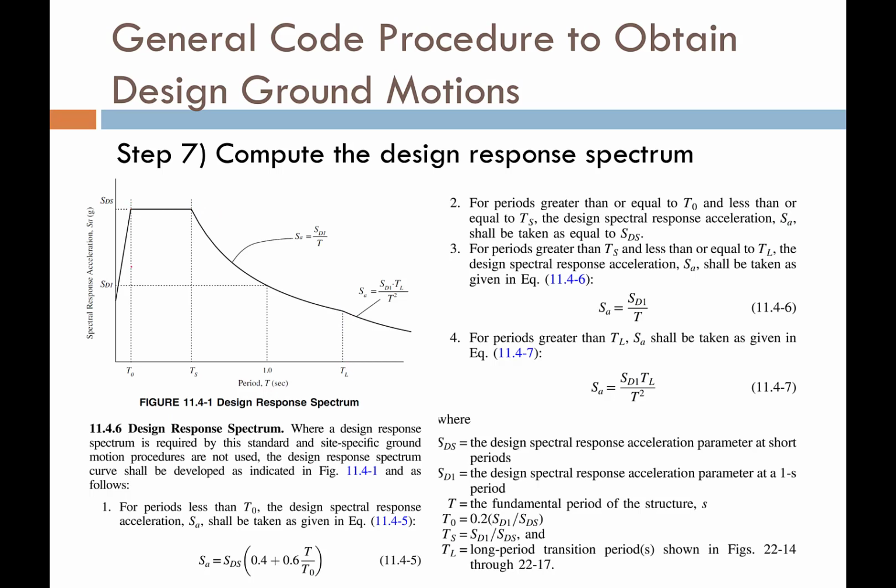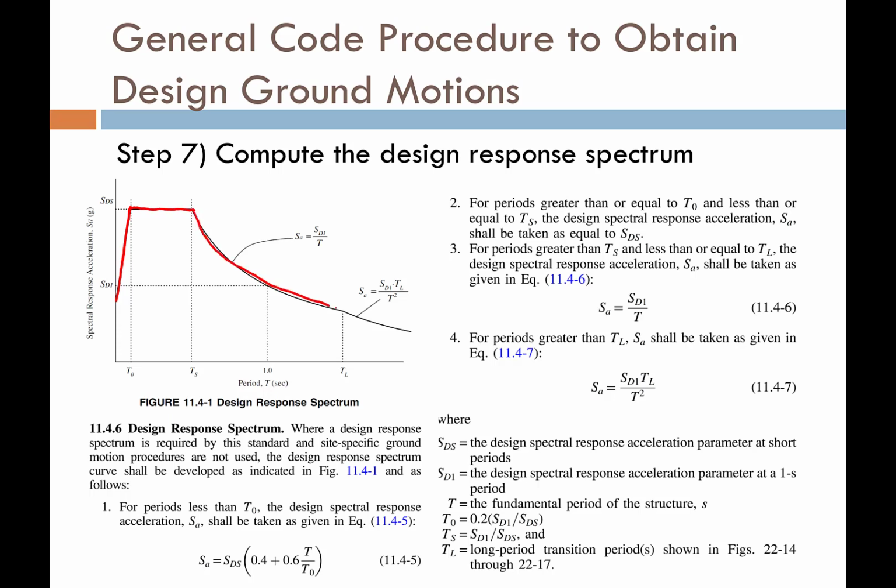And the T, by the way, is just whatever period you're interested in. Think of it, if you're plotting a function, as whatever value of x you're putting in to get the y value. Okay, so all of the response spectra for this generalized procedure give you this flat-top, tabletop looking response spectrum.